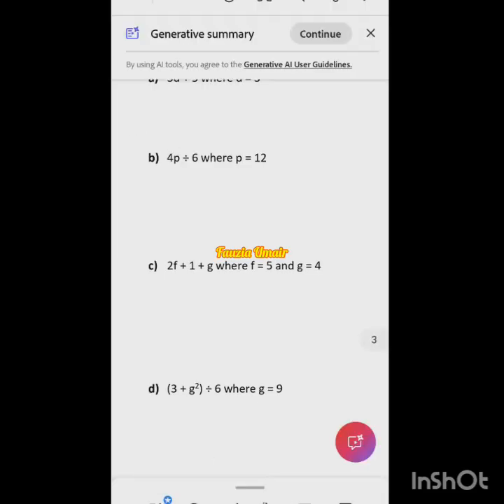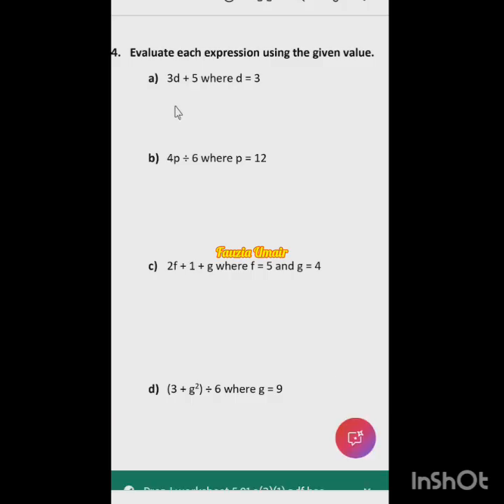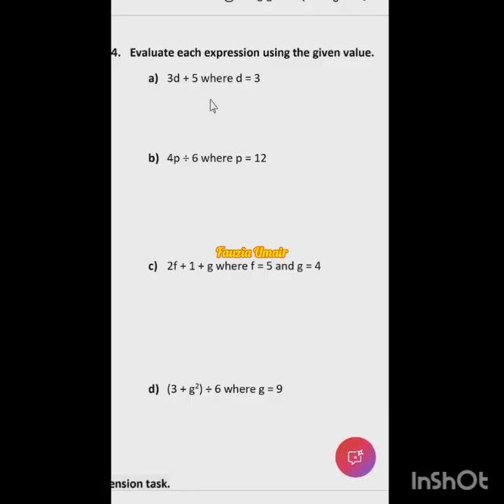The question is: evaluate each expression using the given value. So these are now expressions. In the previous question, we solved equations. Equations can be solved for one unknown, but to evaluate expressions, we need to know all the variables. Like in this, there is only one variable, that is 3d. So they are saying when d is equal to 3.